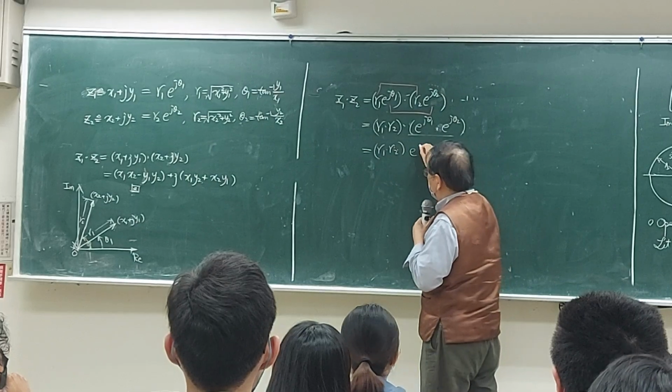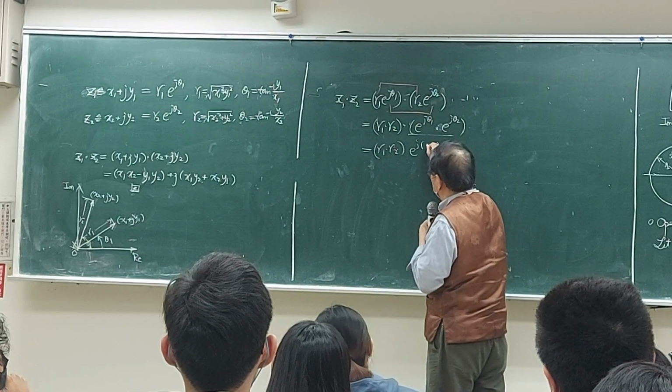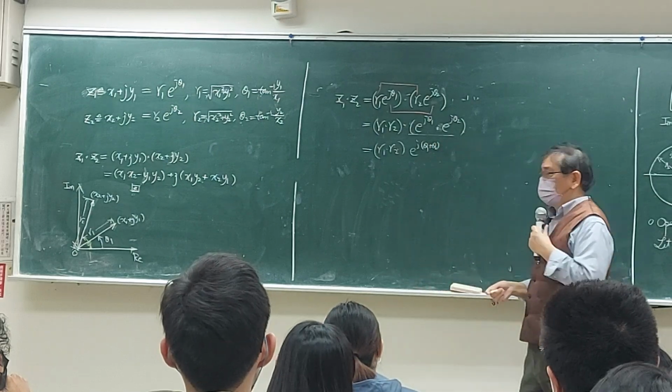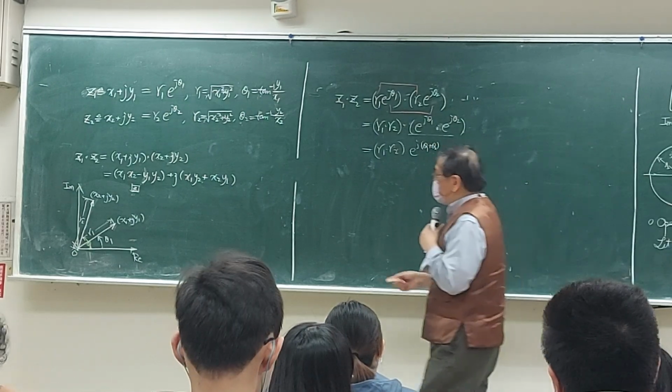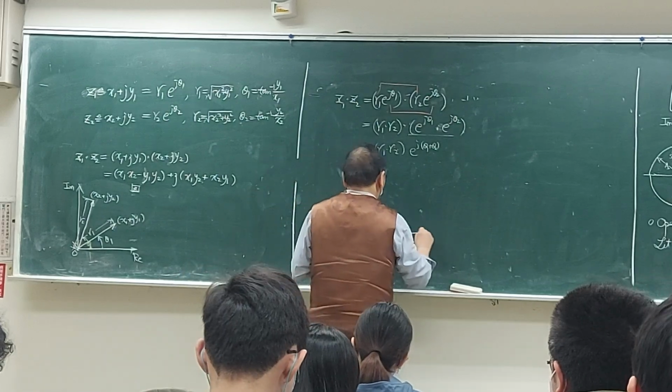E to the j times what? Theta 1 plus theta 2, yes. Great. So now the product can be found much more easily.